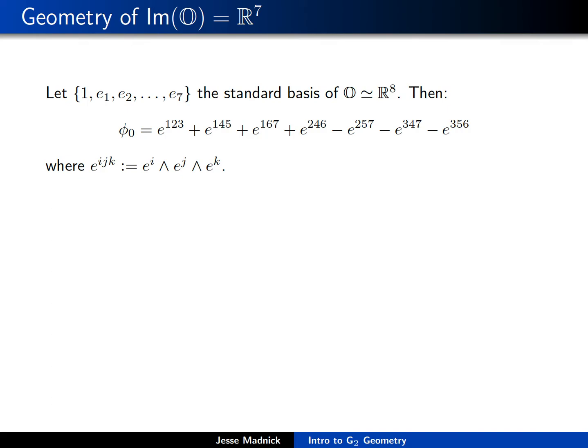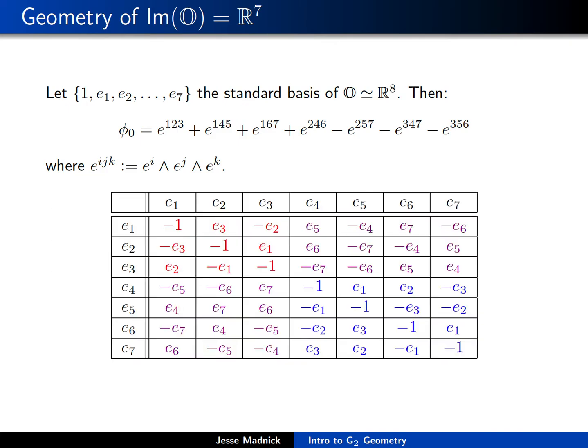Every G2 geometer knows this formula, or has their own convention, at least, for the basis that gives phi 0. And these numbers are not random. They are essentially exactly the octonionic multiplication table. In other words, E1 times E2 is E3, and E1 times E4 is E5. E4 times E5 is E1, etc. So if you know phi 0, that completely gives you the octonionic multiplication table, and vice versa.